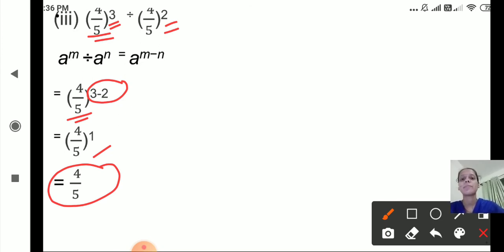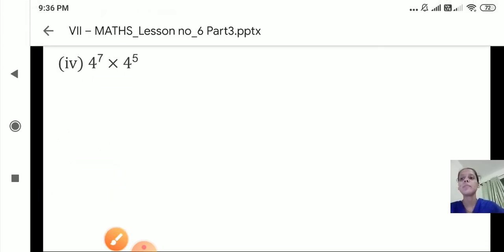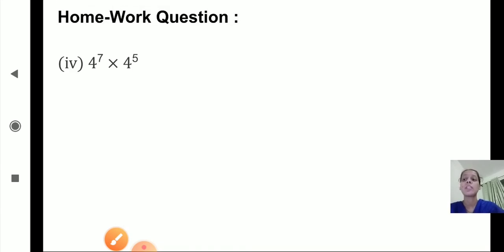Okay, this is the homework question from this exercise. From question number 2, find the value. The fourth one is for homework, that is 4 raised to 7 multiplied by 4 raised to 5. Again the same, you will write down the formula. As we have to do multiplication here, what will we do?